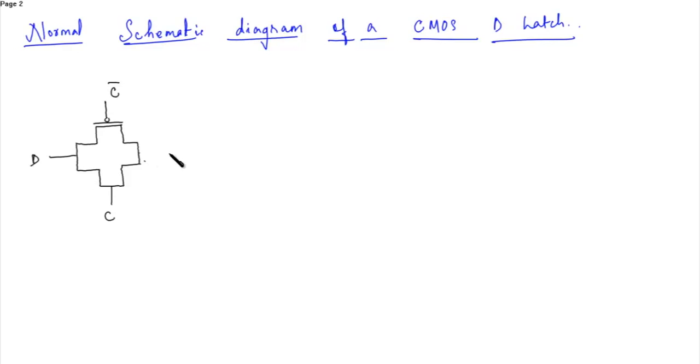The output was X, which was connected to the second transmission gate.